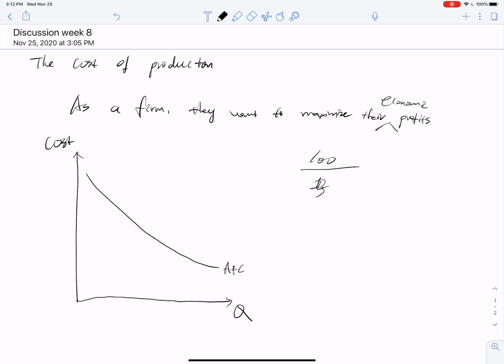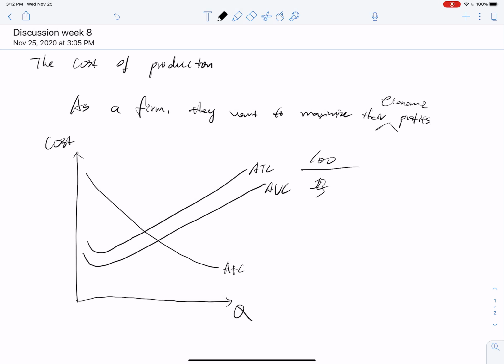And then the average variable cost is downward sloping at the beginning and upward sloping in the end. And average total cost is very similar to the average variable cost, downward sloping at the beginning and then upward sloping at the end.